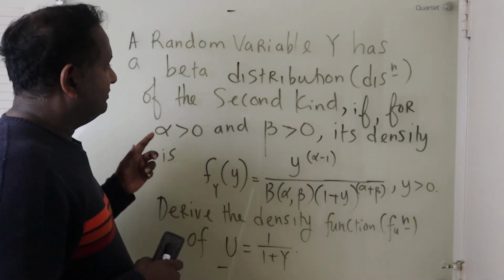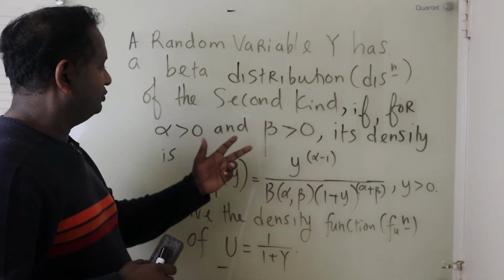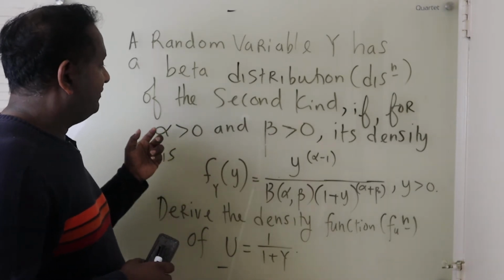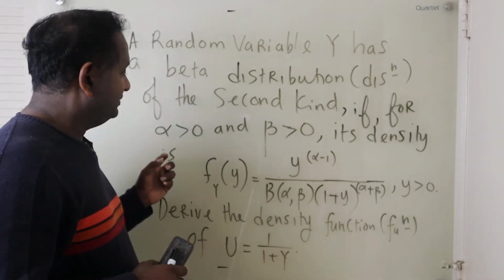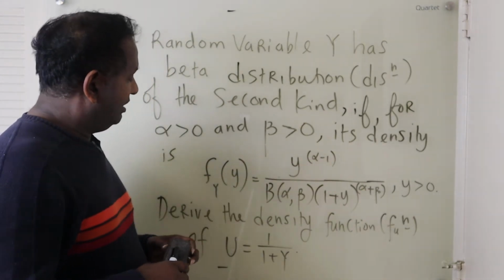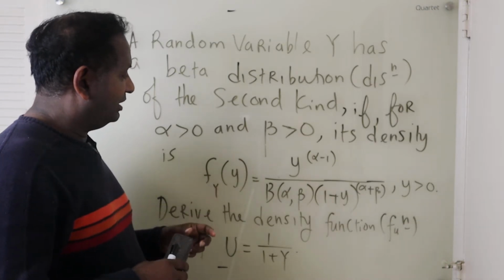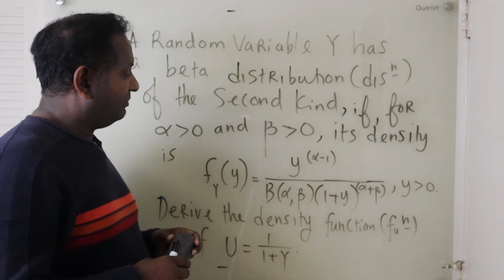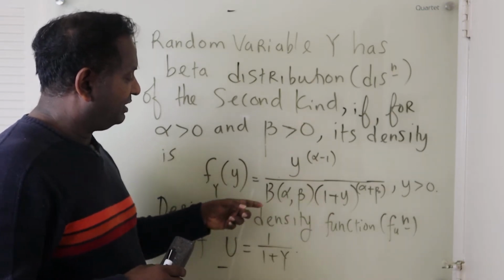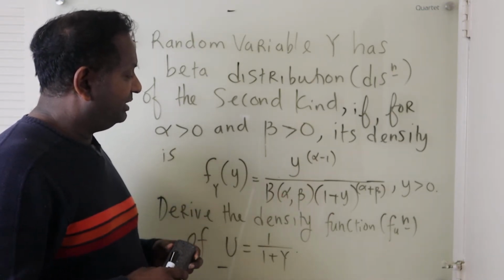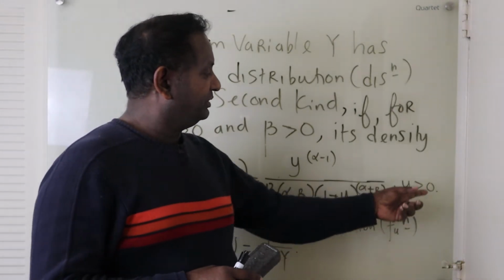Here we use the beta distribution of the second kind, with two shape parameters alpha and beta, and density function f sub capital Y of y equals y to the power of alpha minus 1 over the beta function of alpha comma beta, times 1 plus y to the power of alpha plus beta.